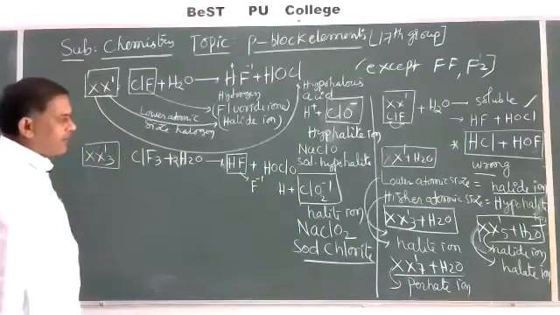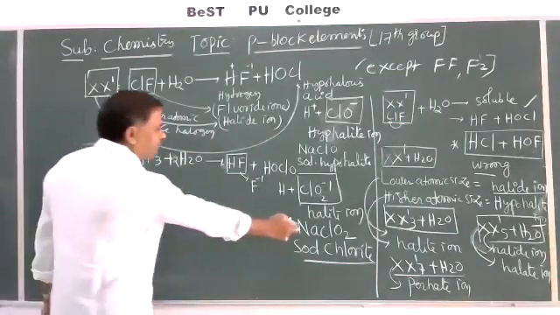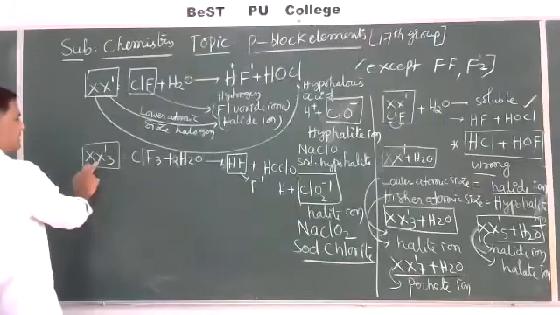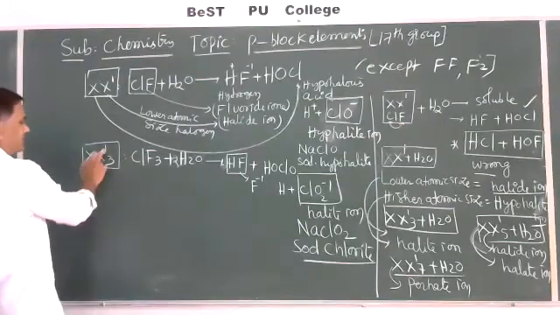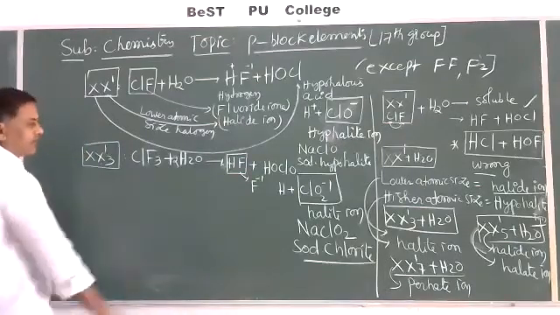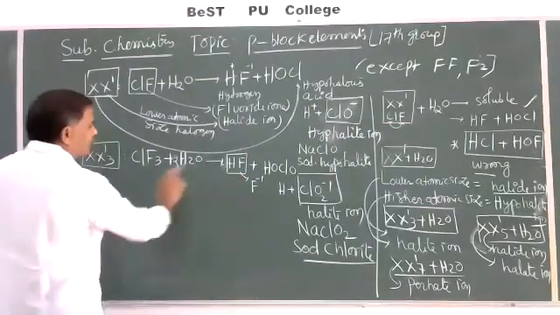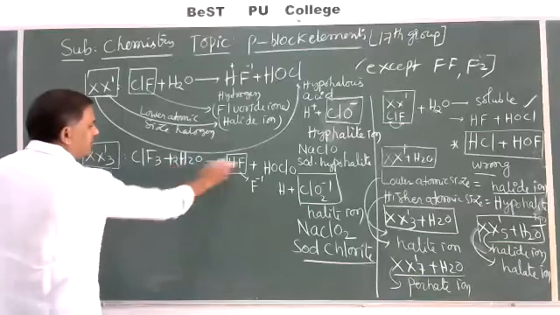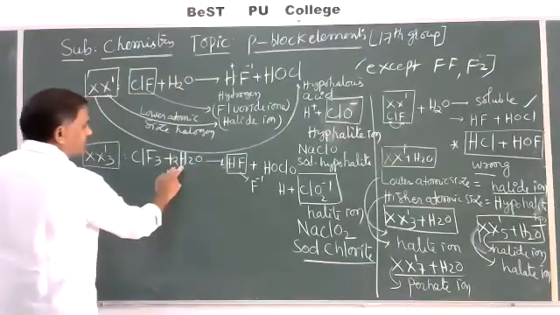Sodium chlorite is produced when X dash 3 is reacted with water. It gives the corresponding products like this. You balance the fluorine atoms and oxygen like this. We can balance by using these numbers of molecules.